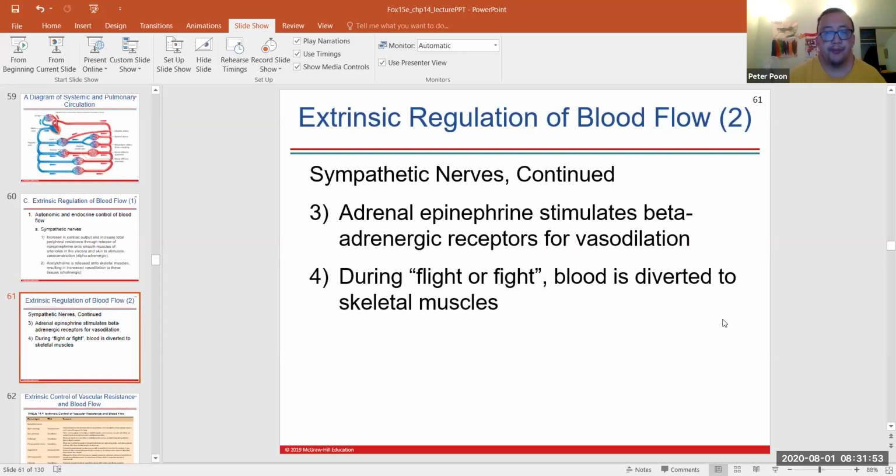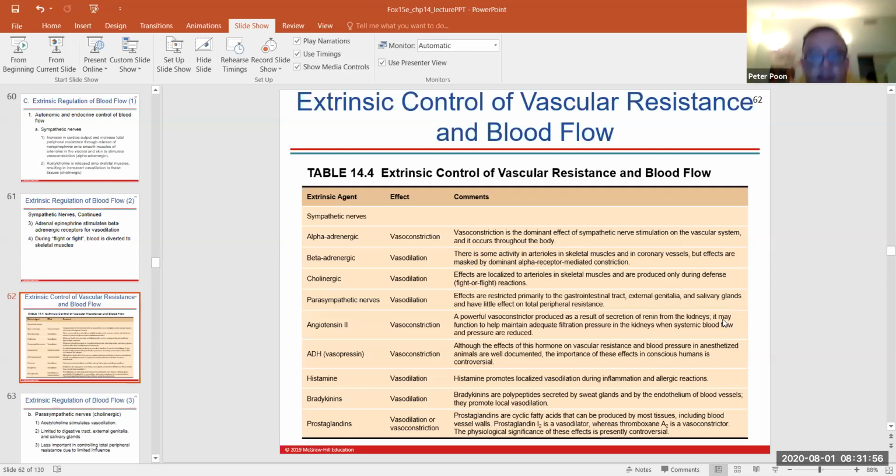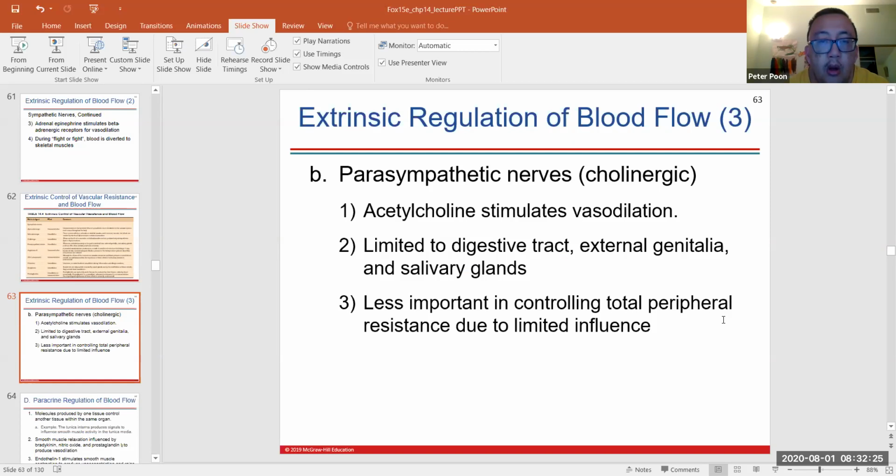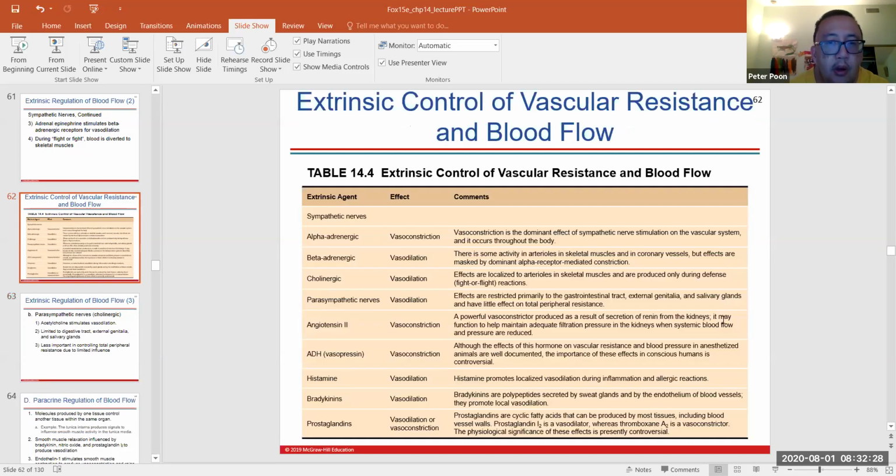Skeletal muscles. So there you go. Read all this through.